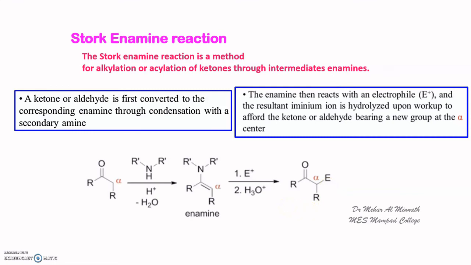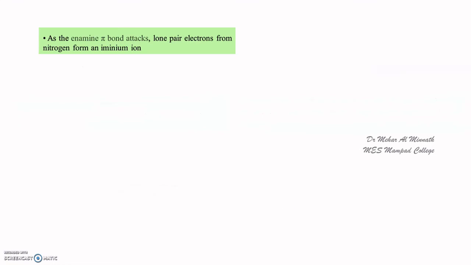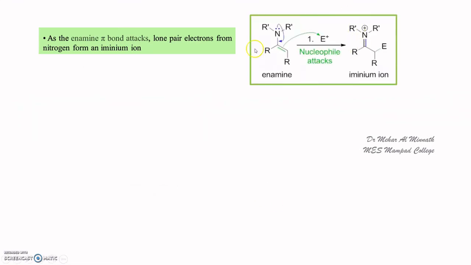So this is a very important reaction, the Stork enamine reaction, wherein again the SE1 mechanism is followed. Now the reaction can be looked at in more detail. How is the electrophilic attack happening? The double bond of the enamine attacks, the electrophile comes over here, and the iminium ion is formed.